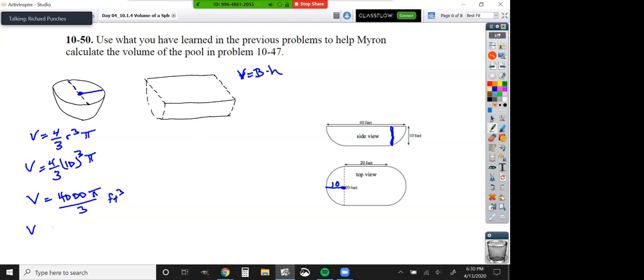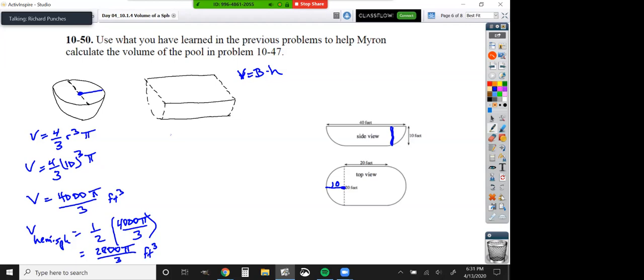So the volume of a hemisphere is going to equal half of the 4,000 pi over 3, which is equal to 2,000 pi over 3 cubic feet. All right, now I'm feeling better about that.